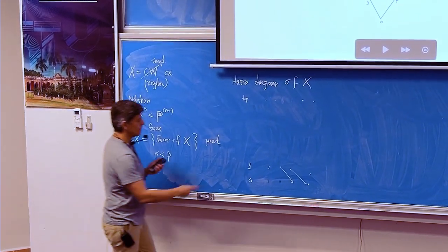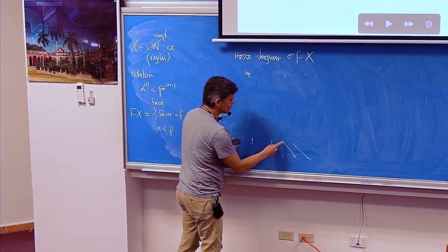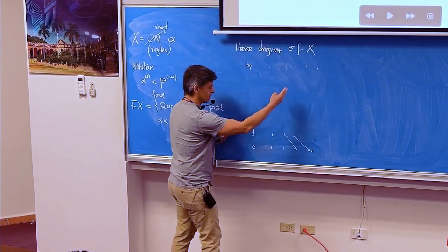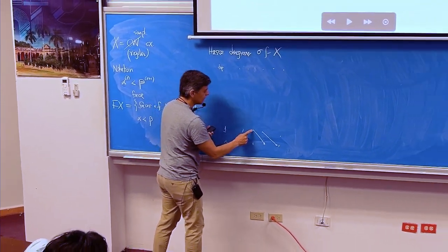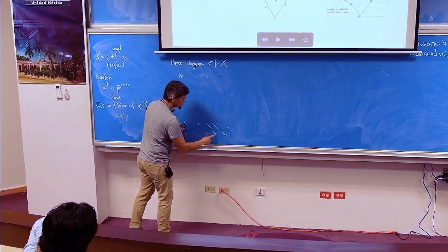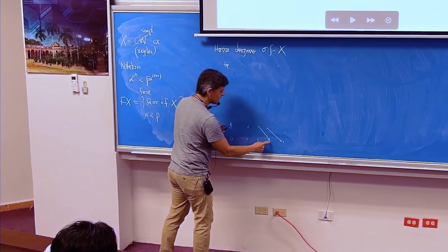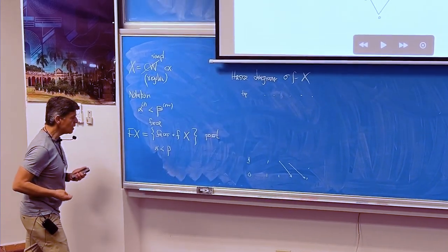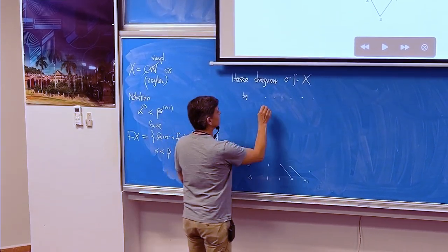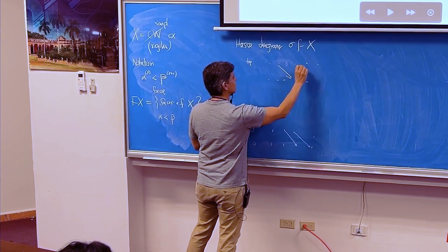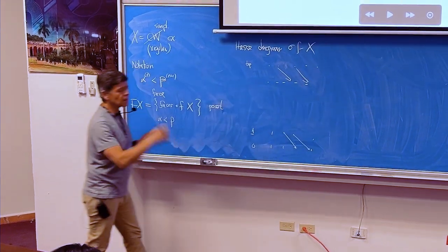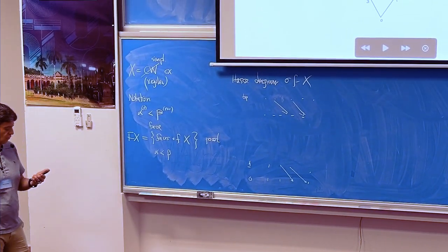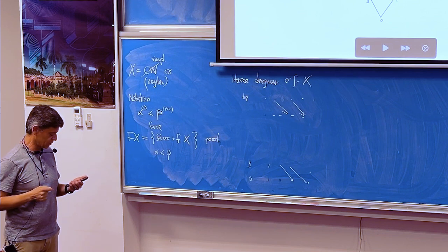Namely, the vertices are the faces, and there's going to be an edge from one face to a previous one if this guy is a face of that, in this sense. And then you have these kind of things. And just by convention, I think of all of them as pointing downwards.